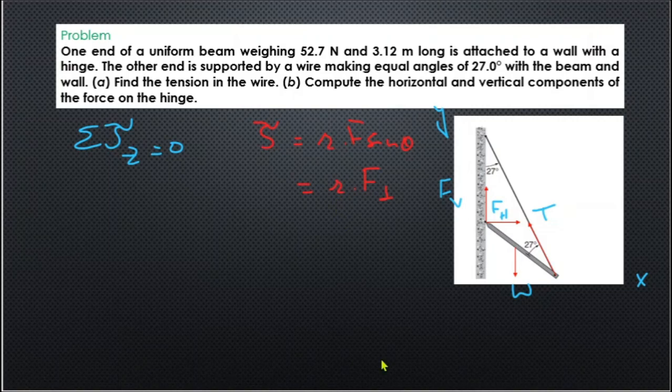Now, in order to find out the value of sigma tau z around a particular point, we have two conventions. The first convention is we choose that point to be our axis of rotation at which maximum number of forces act, and in this case that point is the hinge of that uniform beam shown by the orange color.